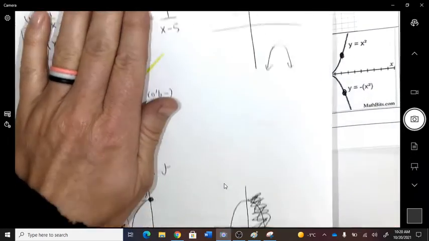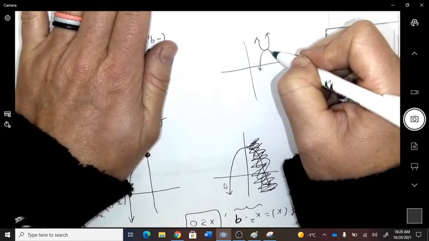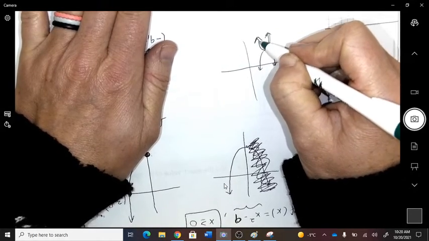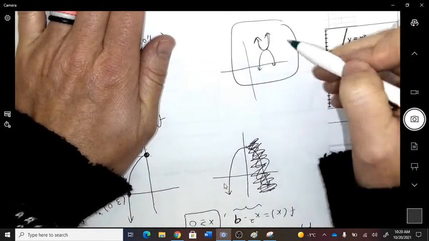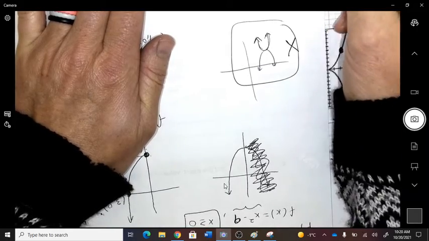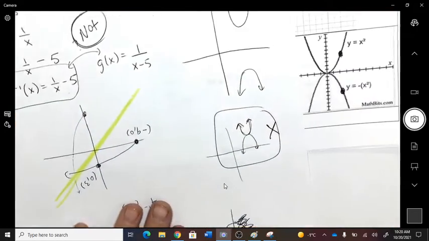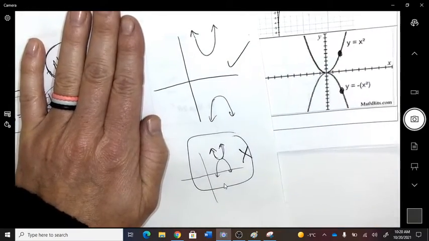Here would be a common mistake. That's a common mistake. Don't do that, right? That's not what you want. You're reflecting it over the axis. Okay? Correct and wrong.